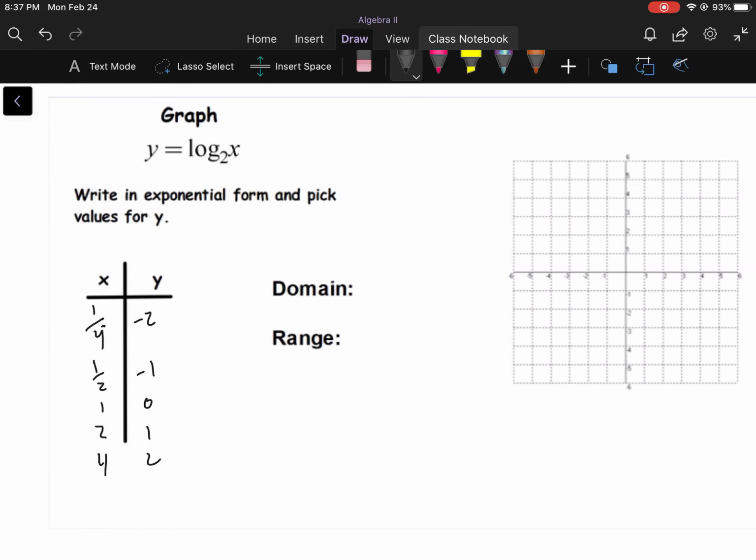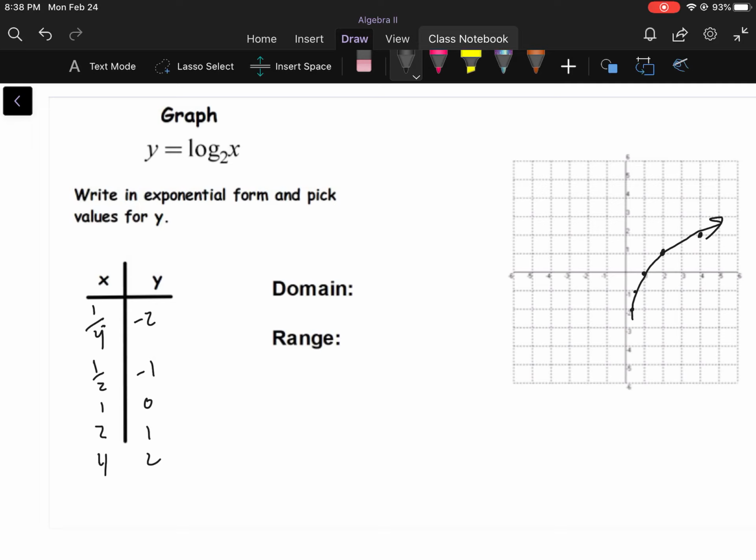So be careful, it's still over 1/4 down 2, over 1/2 down 1, and I've got what looks like this. And that's the graph of log base 2.